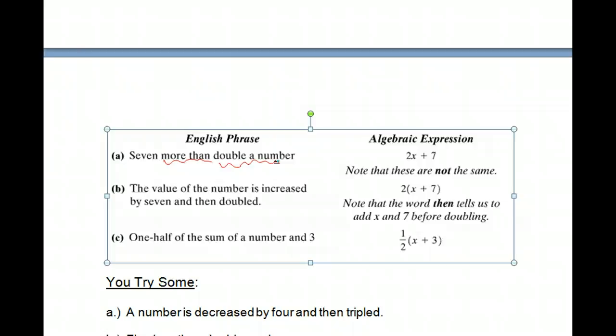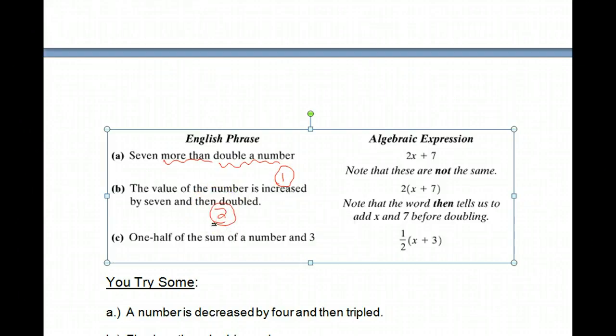That goes against the rules of the order of operations, because the order of operations tells me to multiply first and add second. This statement says that the first thing that I'm supposed to do is add, and then I'm supposed to multiply. That's backwards.